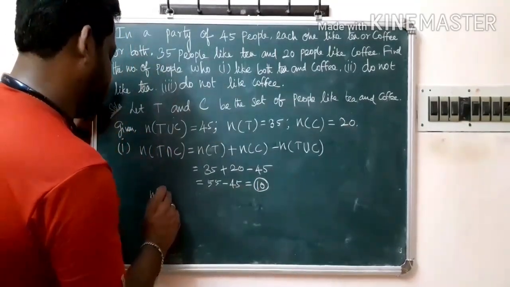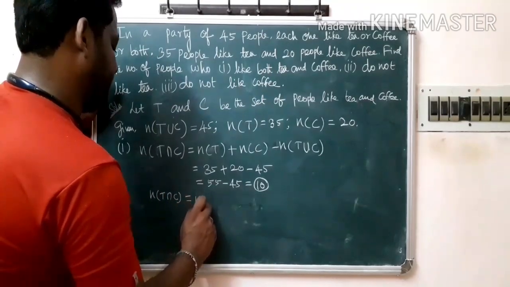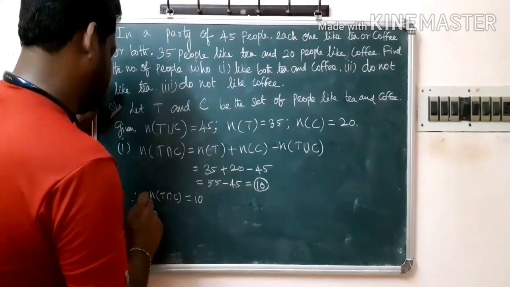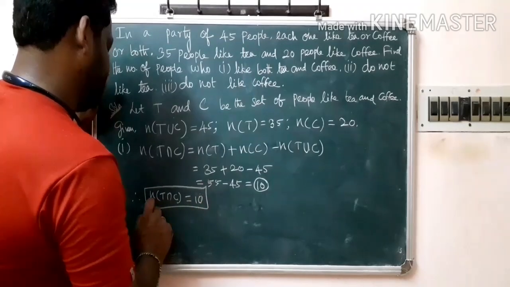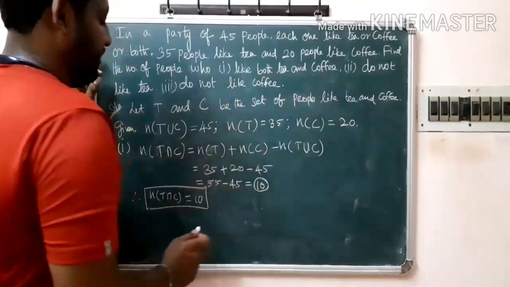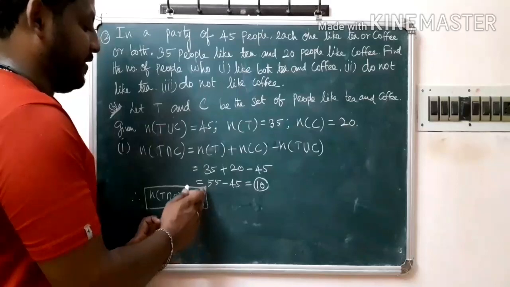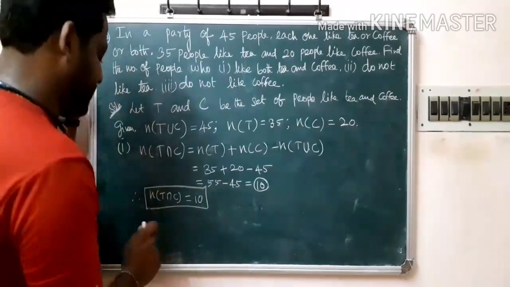So N of T intersection C is equal to 10. Which means this is the first one, like both tea and coffee. So how many people like both tea and coffee? 10 people.